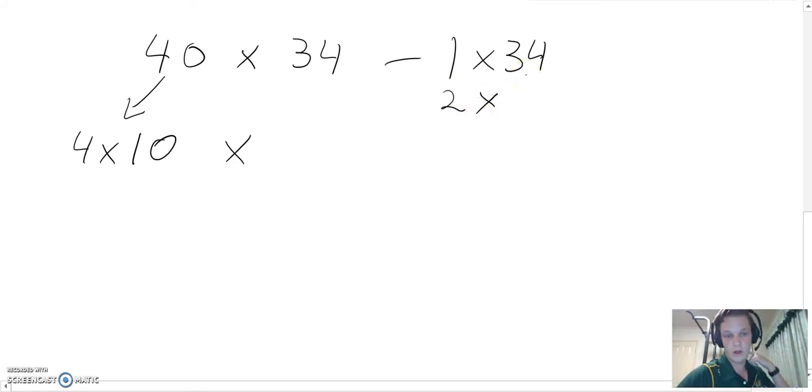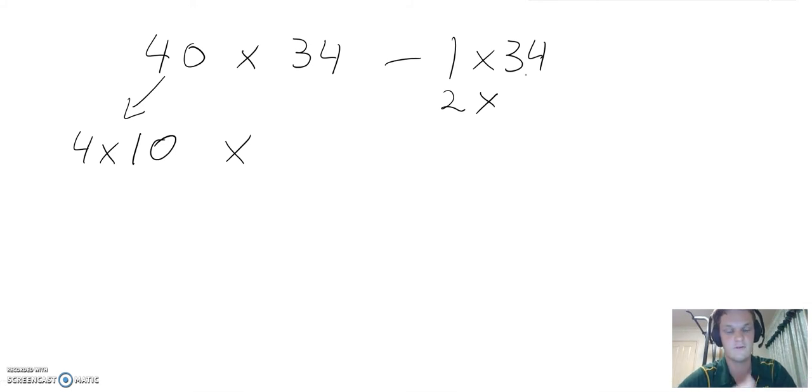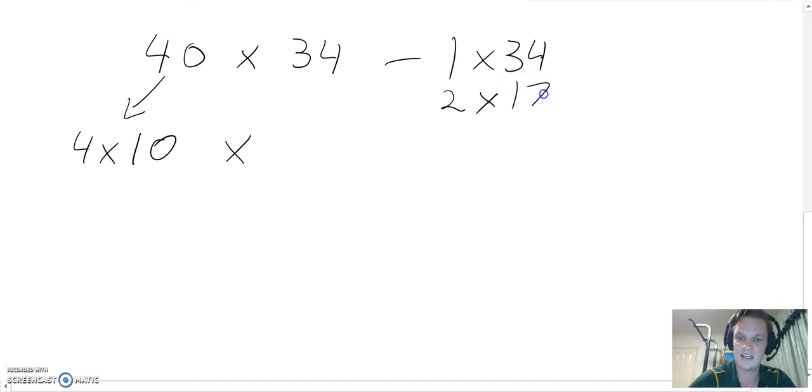It's not 12, it's not 14 because 14 is 28, 16 is 32. So 17 must be 34, so we've got 2 times 17. I don't know if we can get it much easier than that, so we'll use that one, 2 times 17.